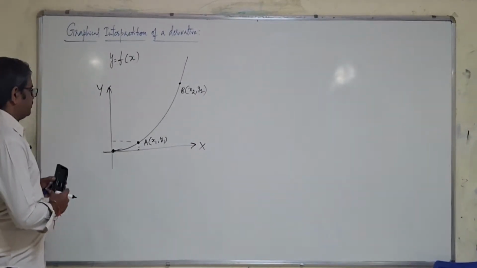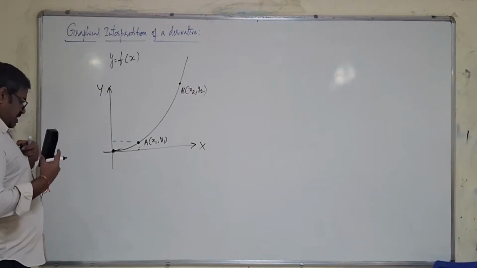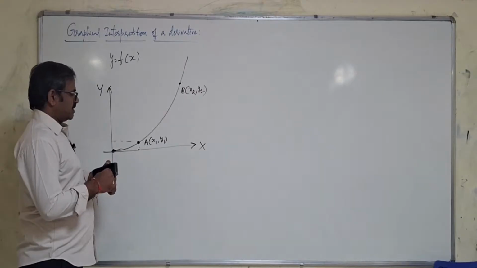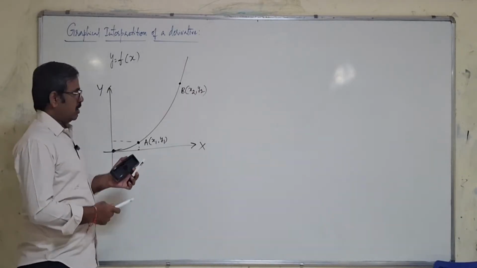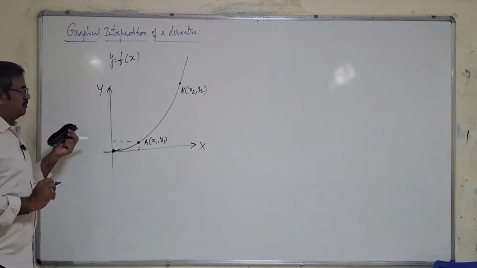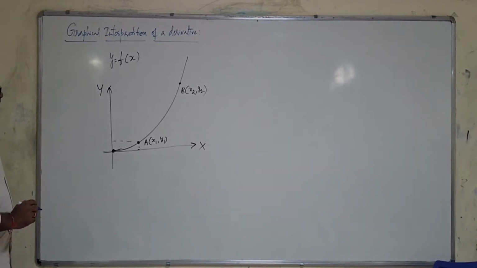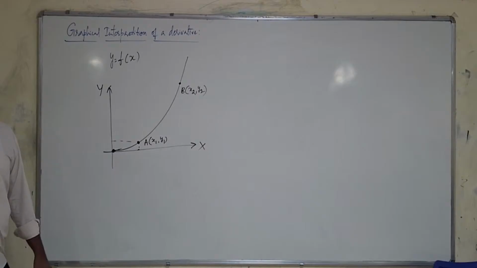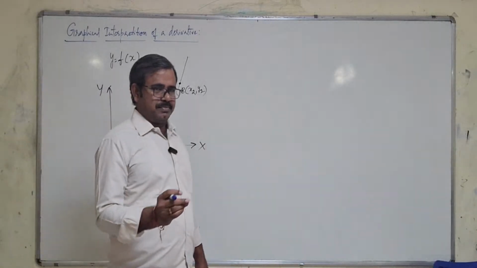Let's say the coordinates of point A are x1, y1, and the coordinates of point B are x2, y2. What is the average rate of change in y with respect to x between A and B?